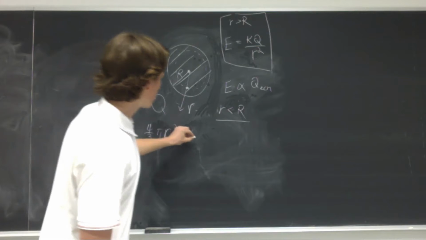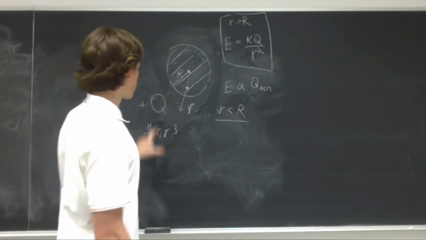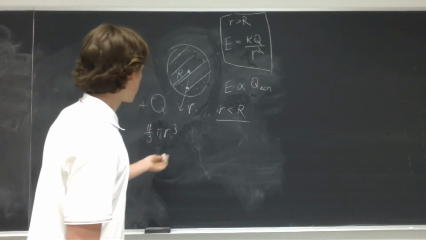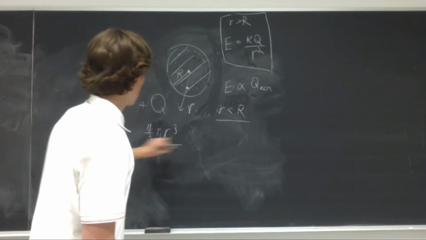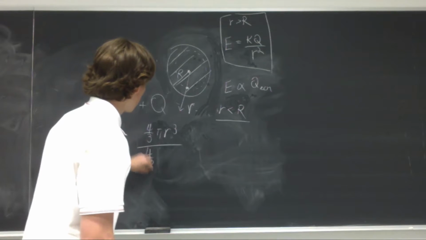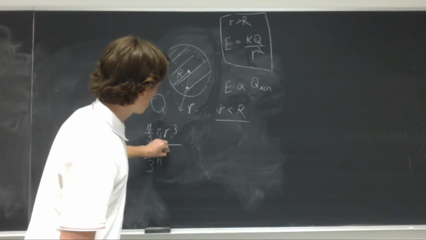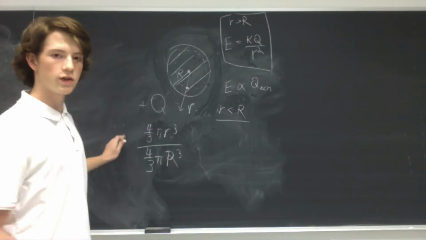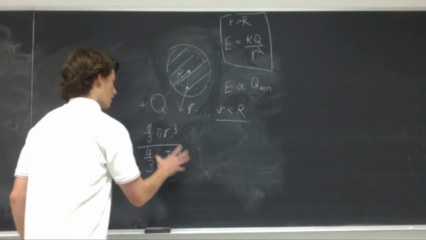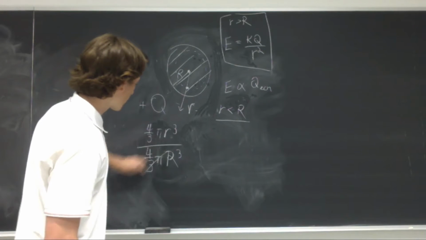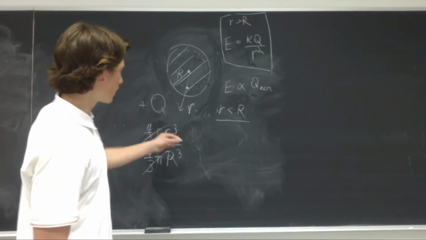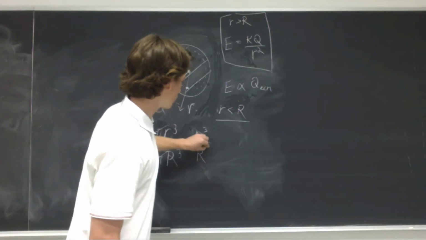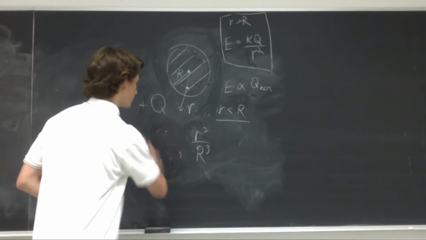And if we find the ratio between the Gaussian surface and the total insulating sphere, we see that the total volume is 4/3 pi capital R cubed. So the volume ratio of the Gaussian surface to the total sphere is this. Cancel out the pi's and the 4/3. What we get is r cubed over capital R cubed. Okay, that's the ratio of the volumes.